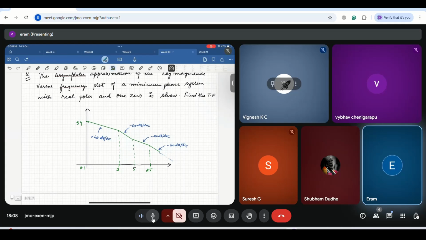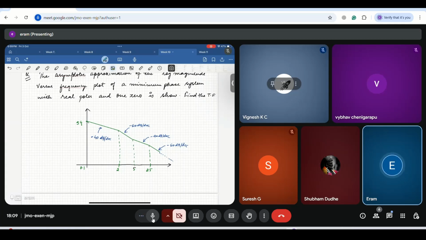Since we have an initial slope of minus 40 dB, minus indicates that there is a pole, and 40 indicates that we have two poles at the origin, because one pole contributes a slope of minus 20. Since there are two poles, they contribute minus 40 dB per decade of slope. Now the type of system, we are sure that it is a type 2 system.